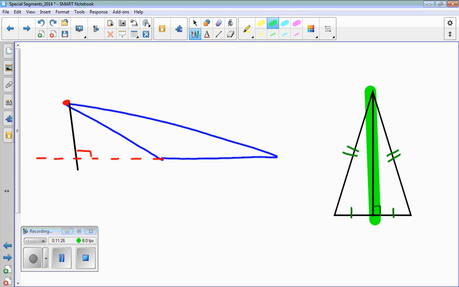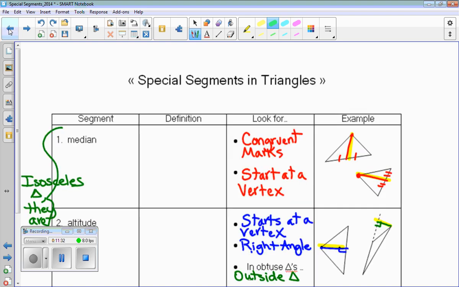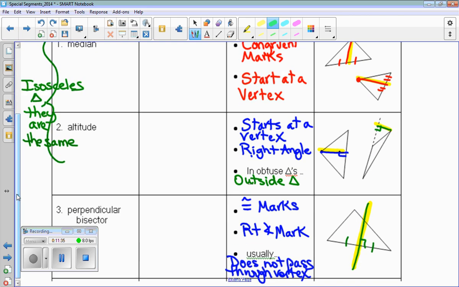A perpendicular bisector. That only happens in that special case. So actually, in an isosceles triangle, all three of these are the same line. So we should probably extend it to be all three. All three of them are the same.